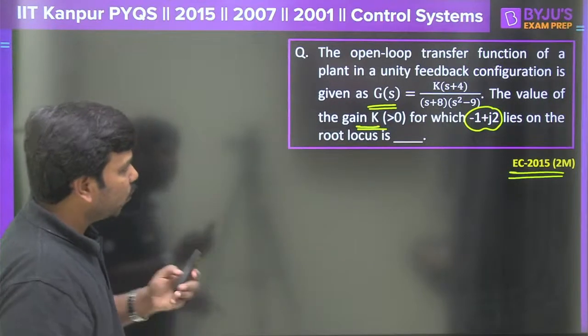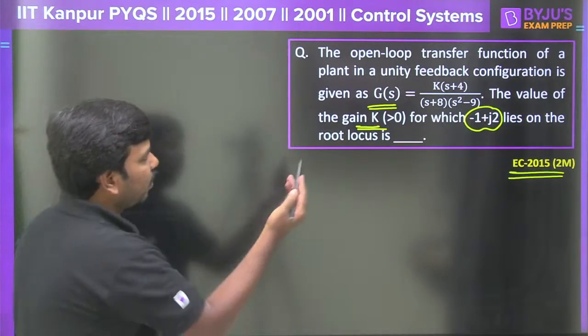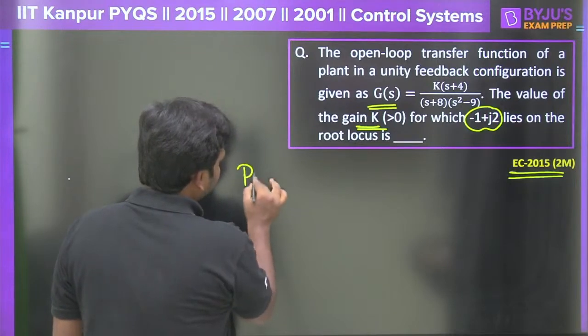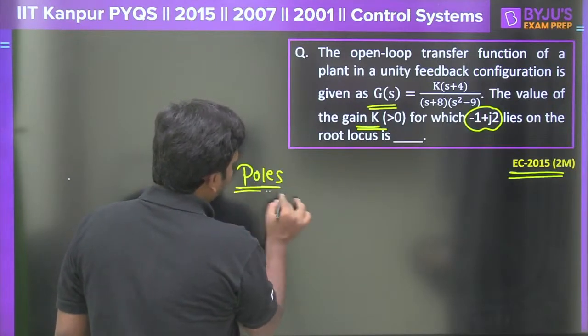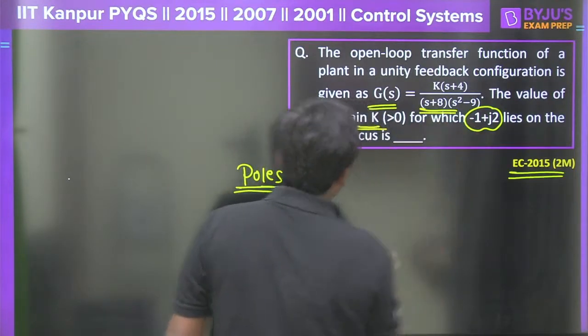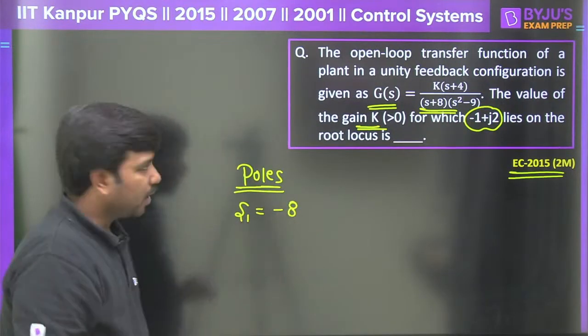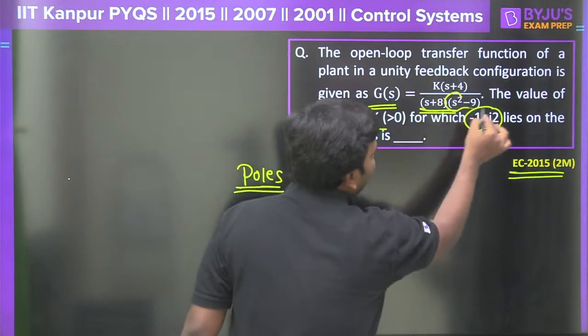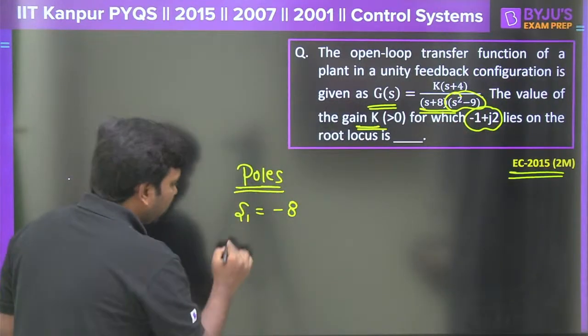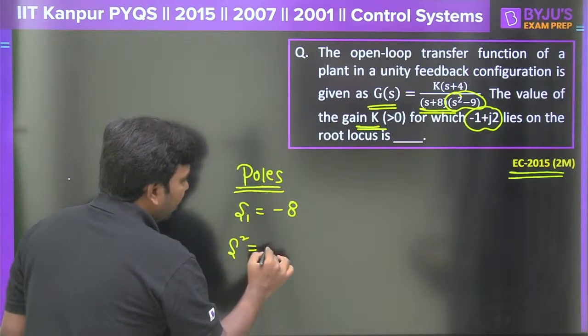So in that case, in short, let us take what are the poles here. Poles means we will equate the denominator equal to 0. So first, s1 is equal to minus 8. This is one pole, correct? Then equate s square minus 9 is equal to 0.